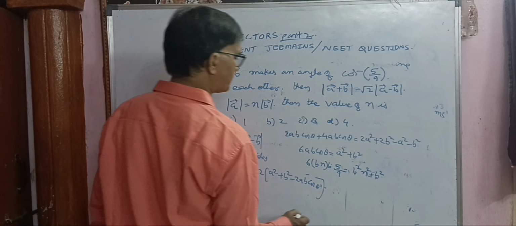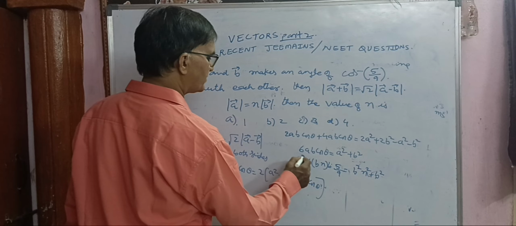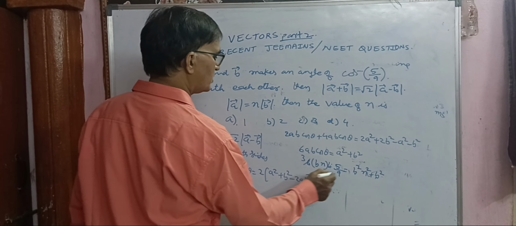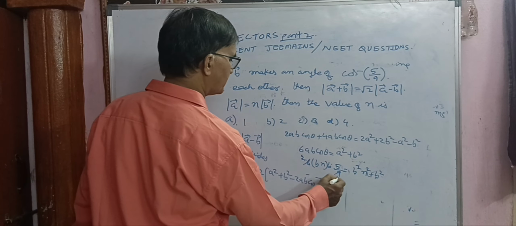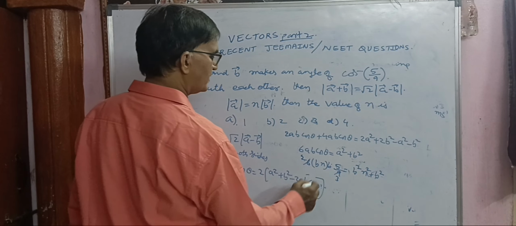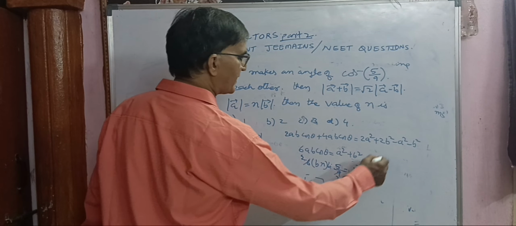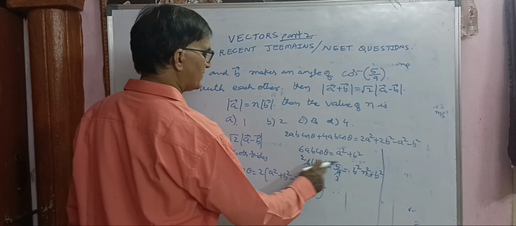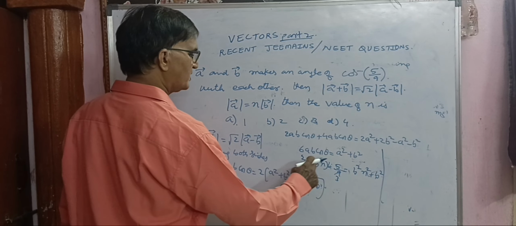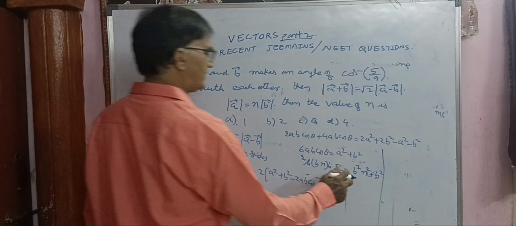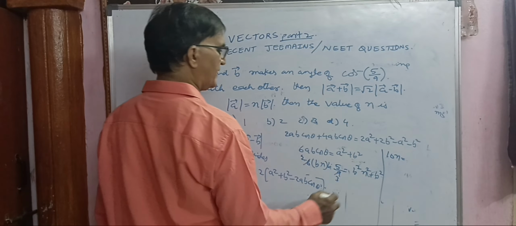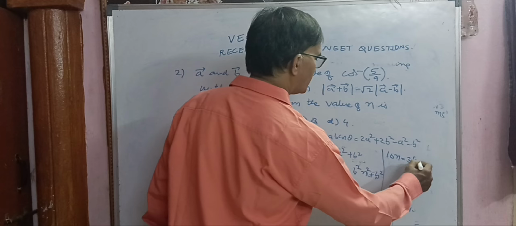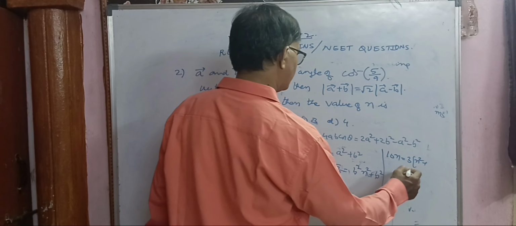Now what do you get here? 2 3s are 6, 3 3s are 9, 2 5s are 10. So b square gets cancelled. You are left with 10n is equal to 3 into n square plus 3.